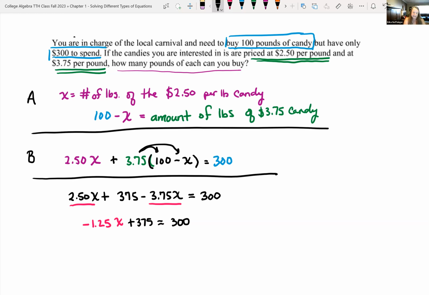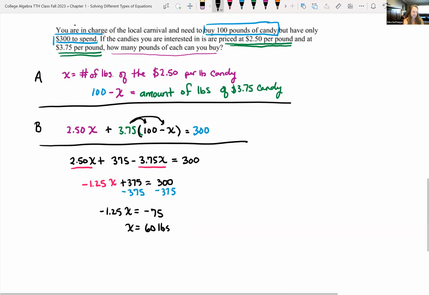We want our variable by itself. So bringing our constant to the other side, we can get rid of the 375 by subtracting 375 on both sides. So we get negative 1.25x is equal to negative 75. So dividing 75 by 1.25, we get back 60. And we're talking about pounds.